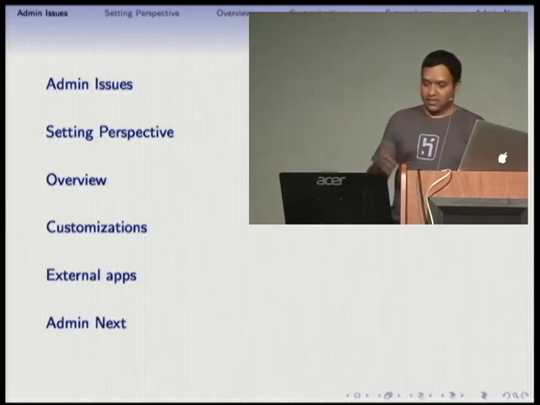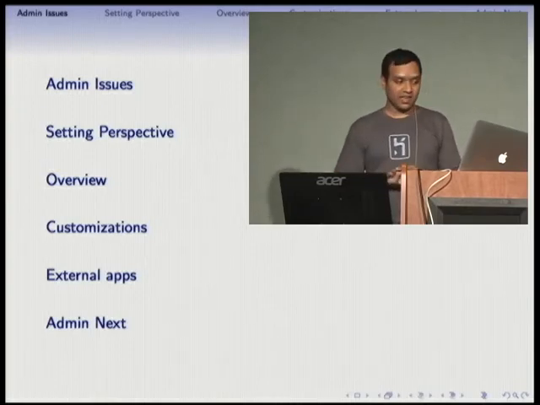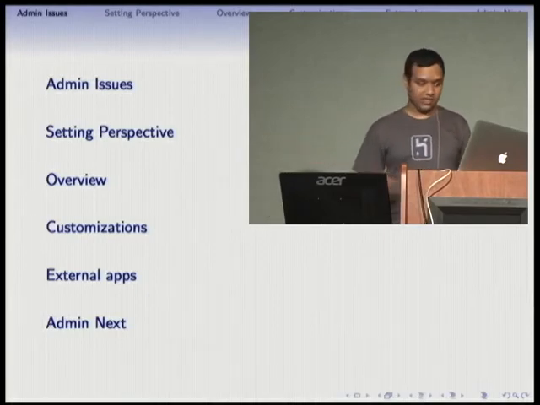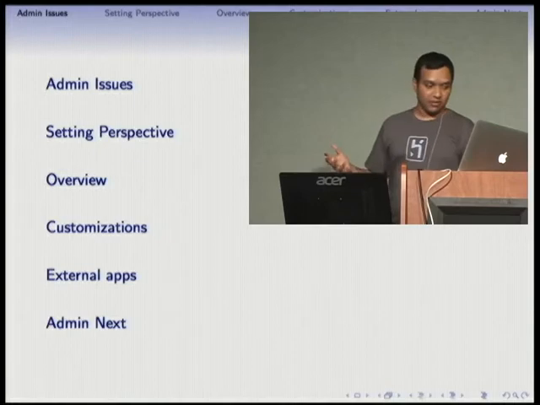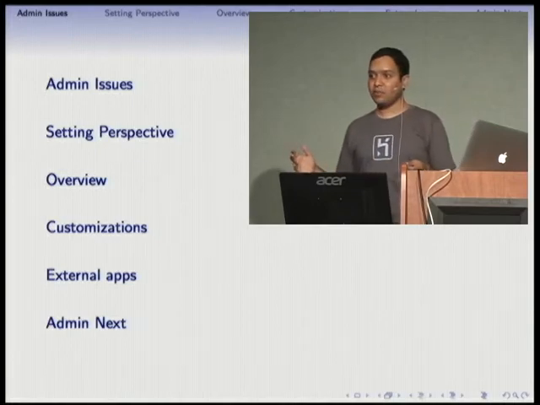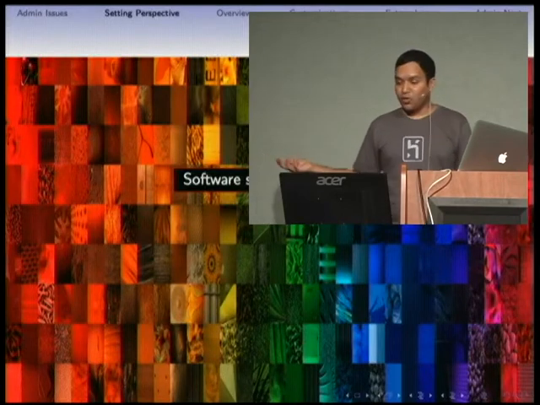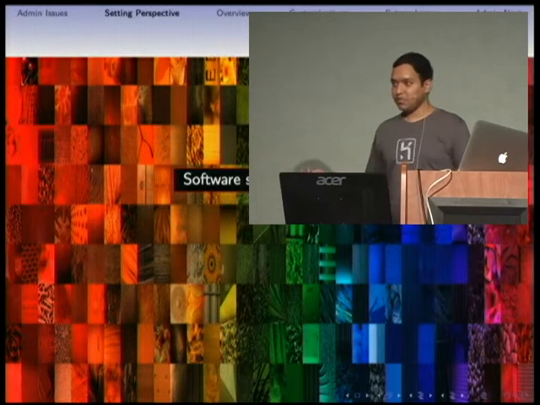And then we will look at some of the applications that try to enhance the admin in the true spirit that admin was meant to be. If time remains, we will go through what Django admin can use in the next versions.